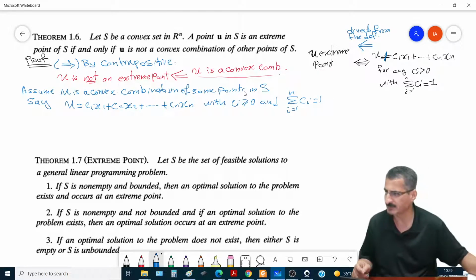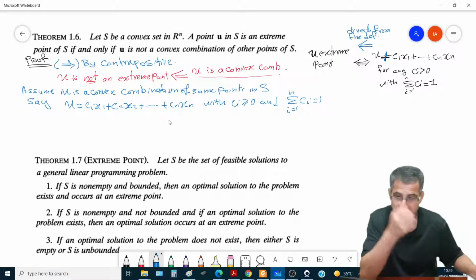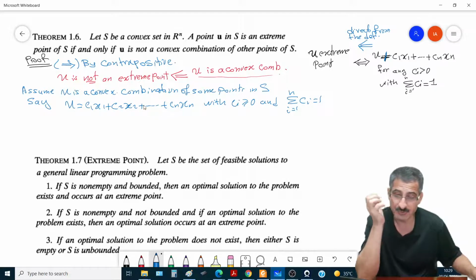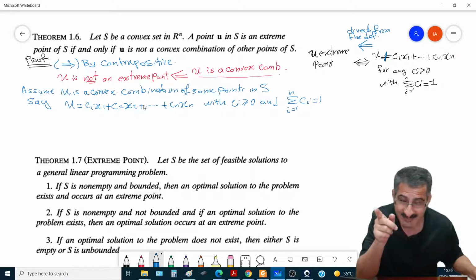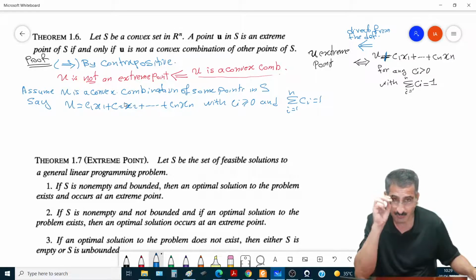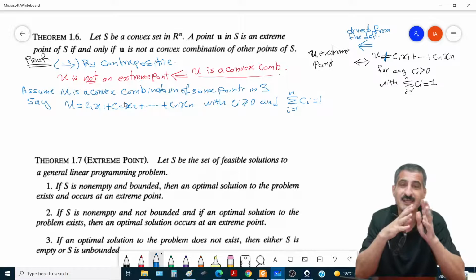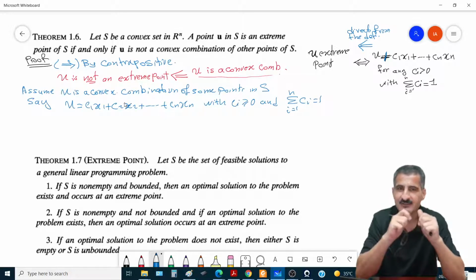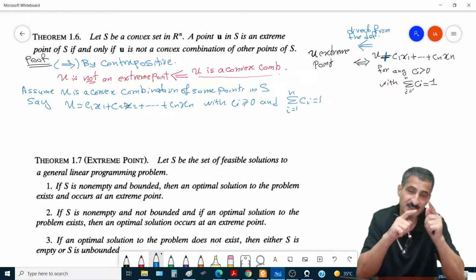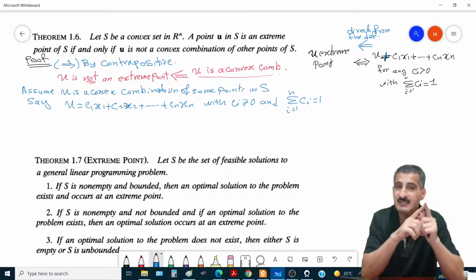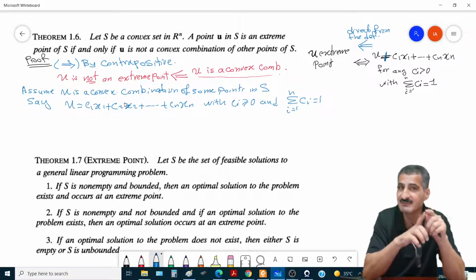I called it n here. Now we want to show U is not an extreme point. So we want to write U as lambda times some point in S plus 1 minus lambda times some other point.